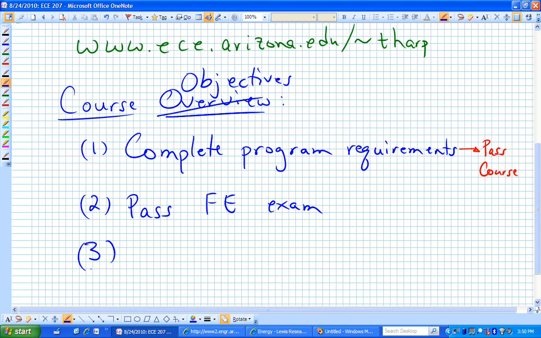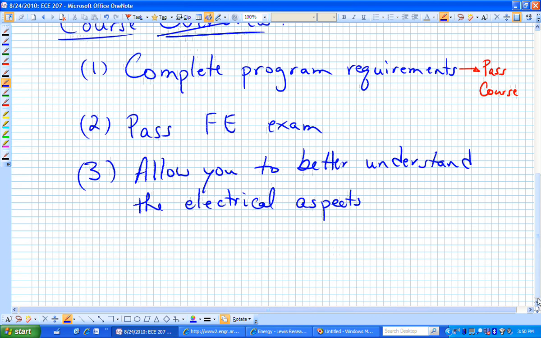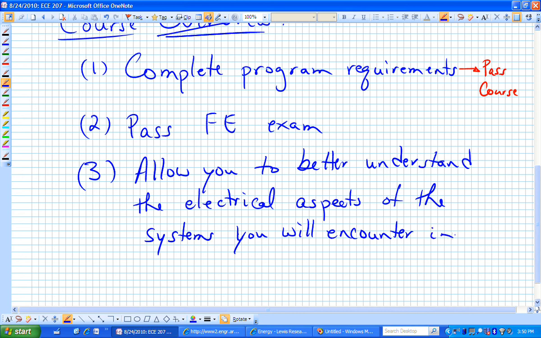The other course objective is to allow you to better understand the electrical aspects of the systems you will encounter in life and work.